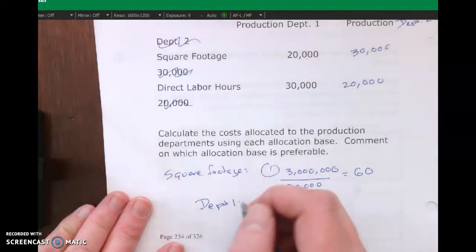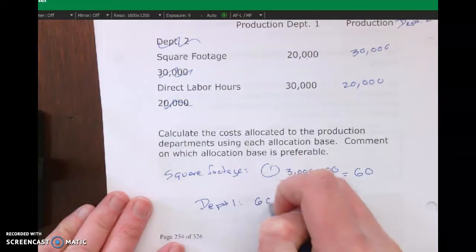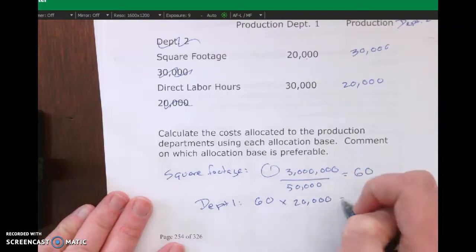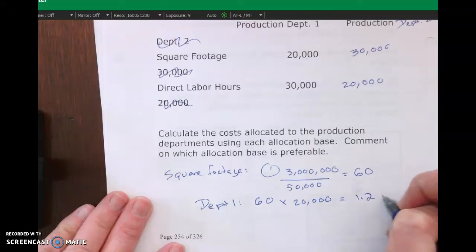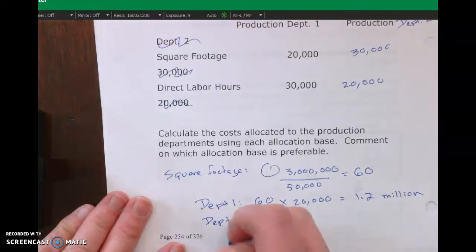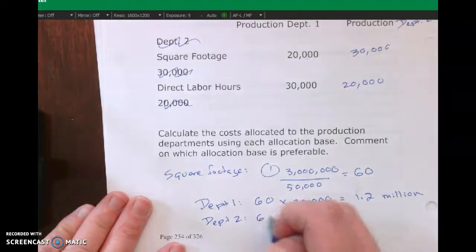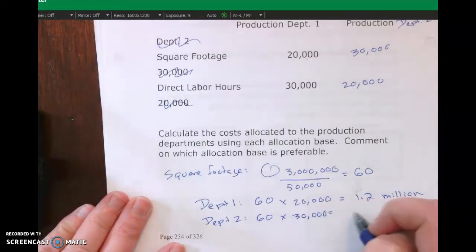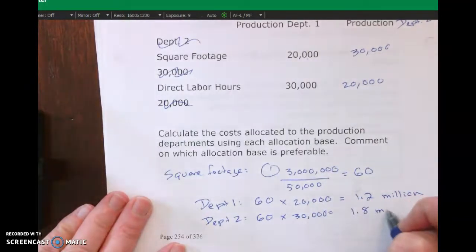So we come over here and we'll say our 60 times our 20,000 gives us our 1.2 million. Okay? And then we can say Department 2, 60 times our 30,000 gives us our 1.8 million.